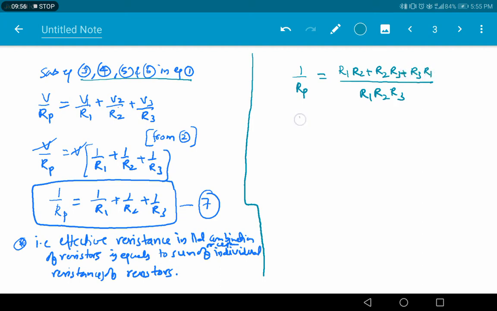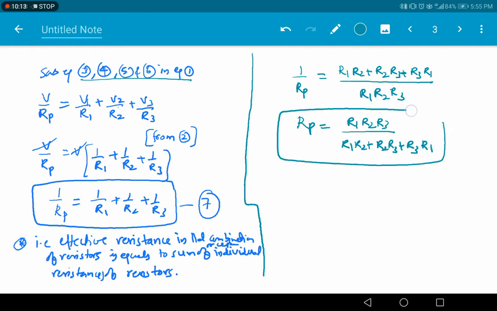Therefore Rp is equal to R1 R2 R3 by R1 R2 plus R2 R3 plus R3 R1. Okay, give it as equation number 8.